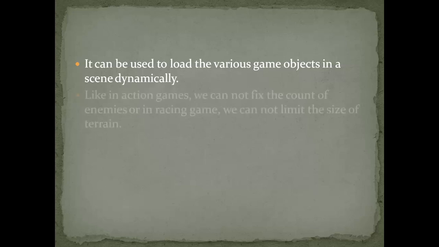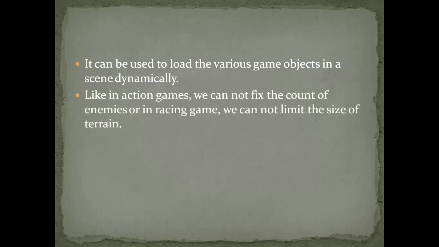For example, in action games, we cannot fix the count of enemies, or in racing games, we cannot limit the size of terrain. Suppose we have a racing game. In that case, we cannot create the complete environment or complete terrain before runtime, because this will be a very time consuming process, as well as it will increase the size of the game.